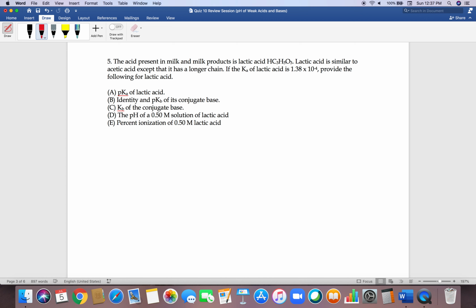So this is a type of multi-step problem you'll see often. First I'm going to write the dissociation of lactic acid. I don't need to include water, and I'm going to get my hydrogen ion and the conjugate base.